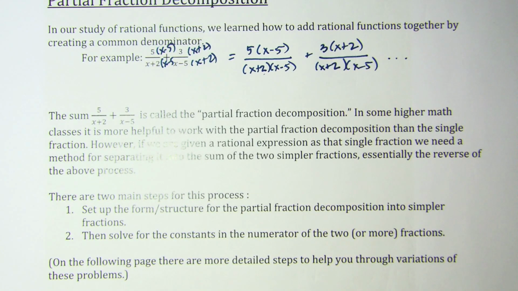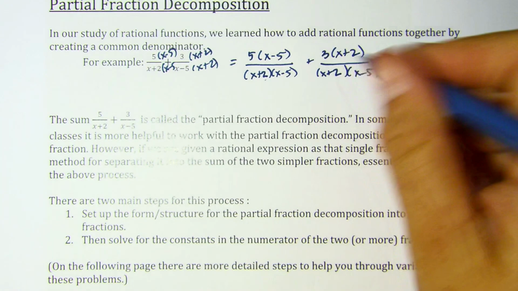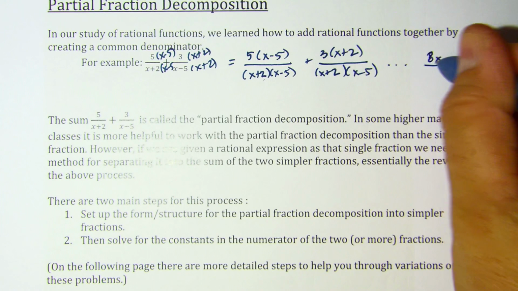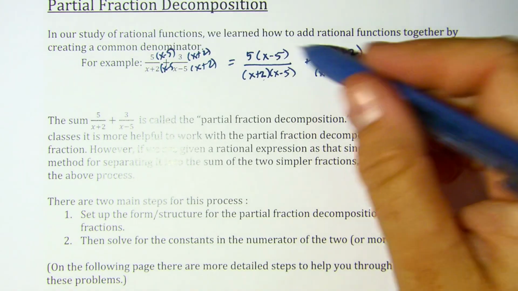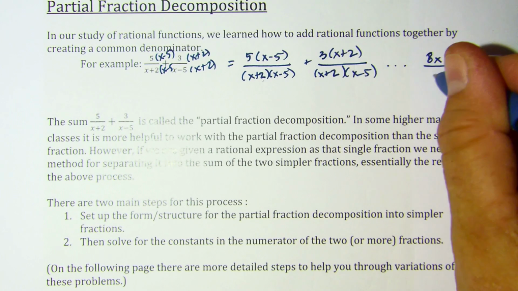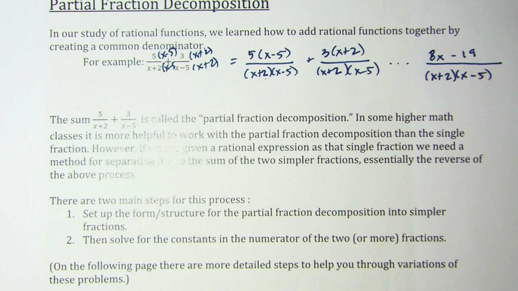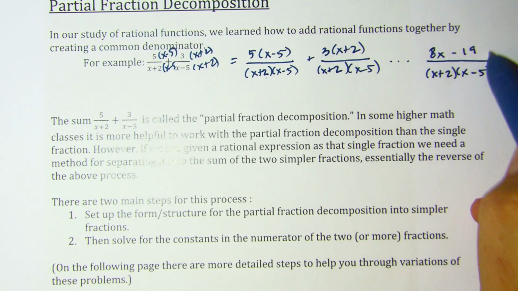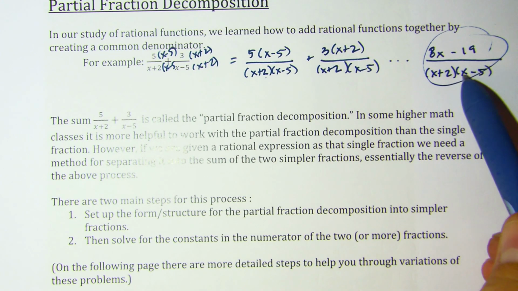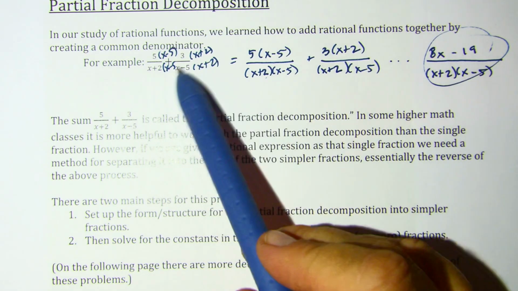What we're going to do now is you're going to be given something like that answer, which in this case would be 8x, and then minus 25 plus 6 would be minus 19, over (x plus 2) and (x minus 5). So you're going to be given something like this, and you're going to need to figure out, okay, what were those original fractions? This is harder.